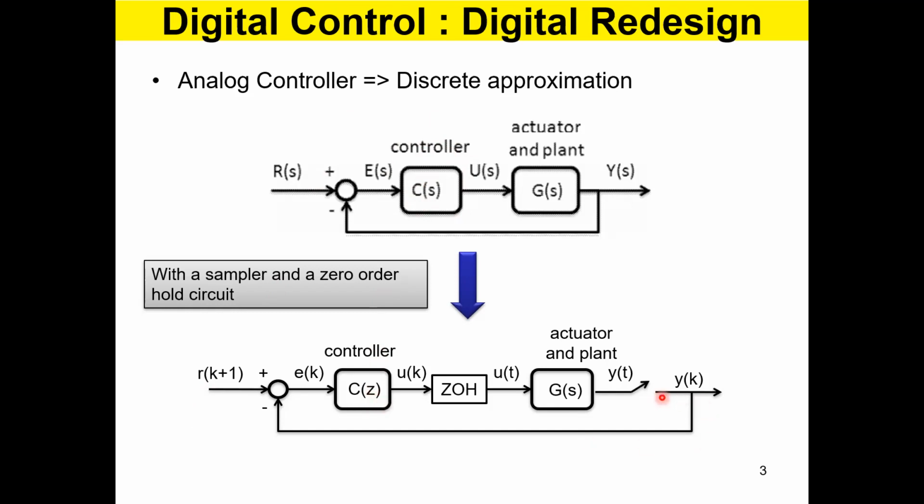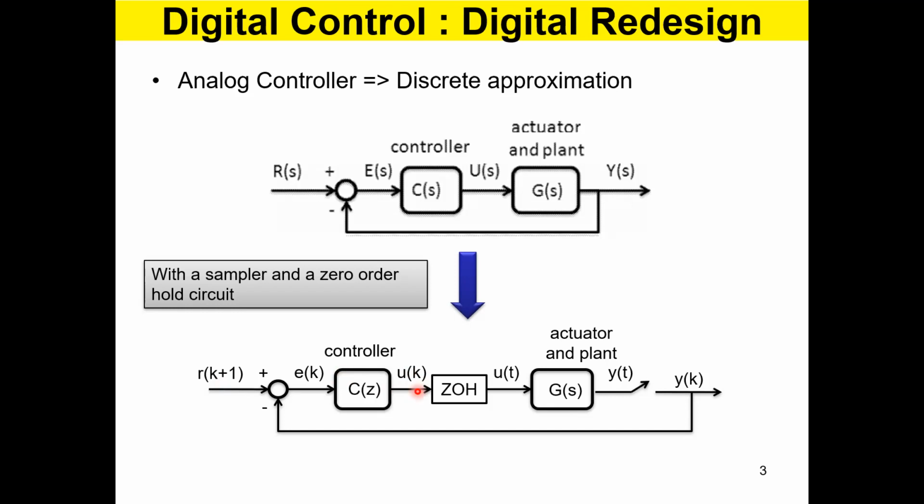And you take the output or response through a sampler to make it a sampled signal. Reference is anyway a data file, a sampled signal anyway. And the error signal is also a sampled signal now, because these two signals are sampled signals, discrete signals. Controller is anyway now discrete. Output is u(k). It's also discrete. So we are changing the signals and the controller to the discrete versions from their analog signals. Okay.